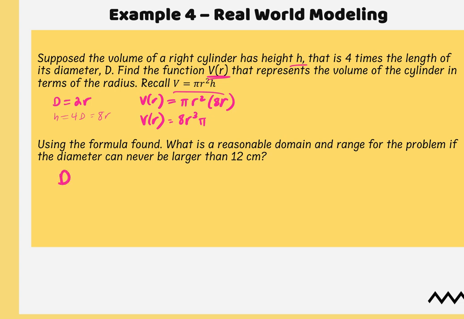If the words are can never be larger, can it be 12? Yes. So the diameter is less than or equal to 12, which means my radius is what? Nope, other way around. It's half. So less than or equal to 6.